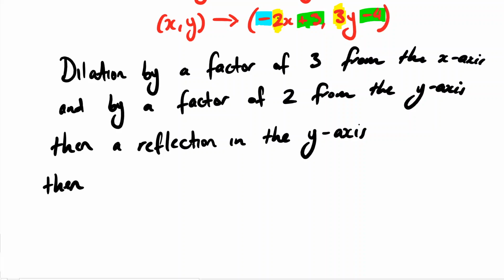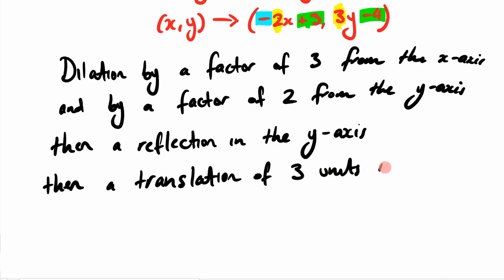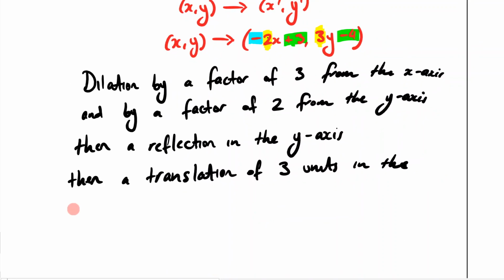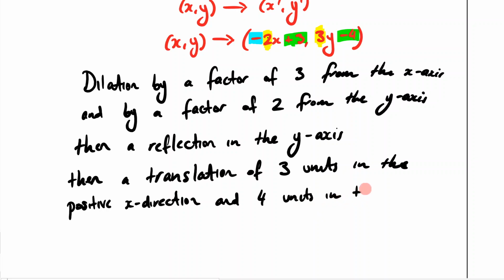So it's going to be then a translation of 3 units in the, now I'm running out of room here, in the positive x direction, and 4 units in the negative y direction. My goodness, it's taken a long time to write.